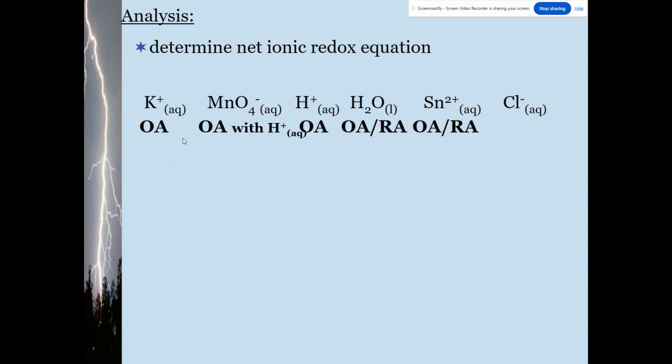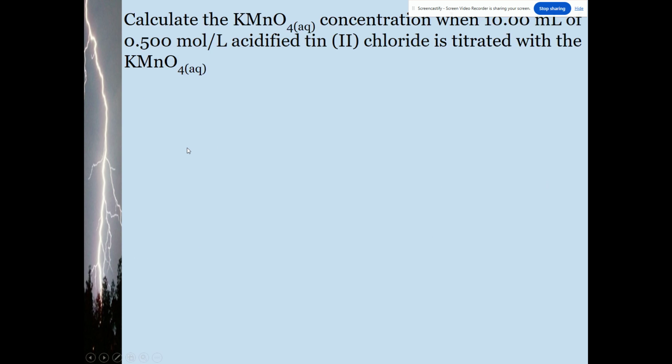Now, let's actually go through and do the calculation with this question. So we just found the volume of the potassium permanganate. The average volume was 16.80 milliliters. That's what those trials told me. We were using 10 milliliter samples of 0.5 mole per liter acidified tin 2-chloride.